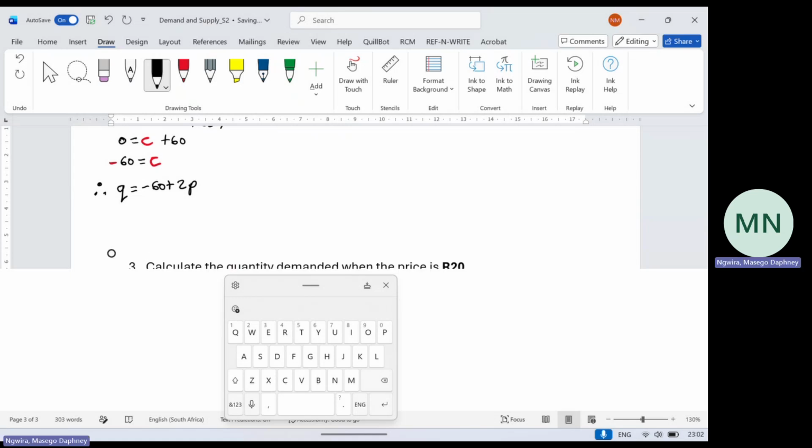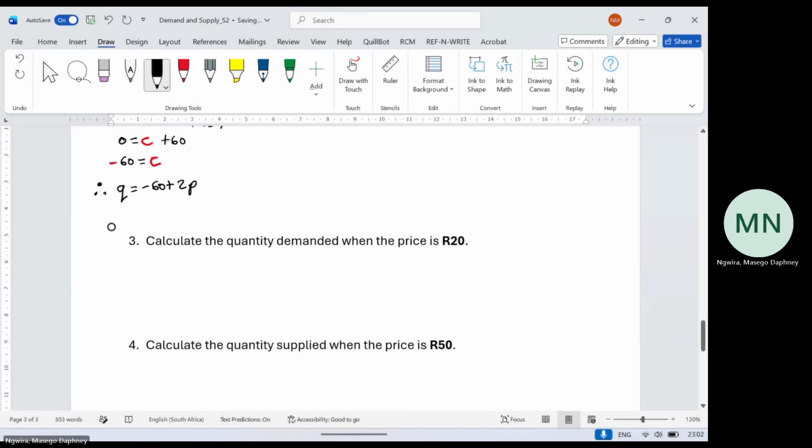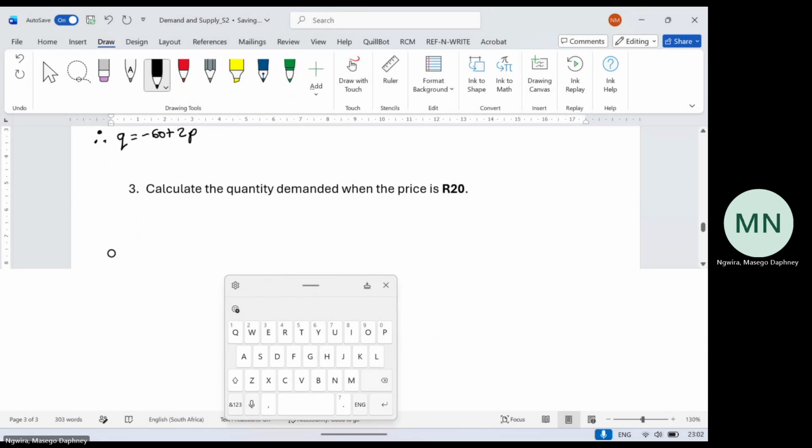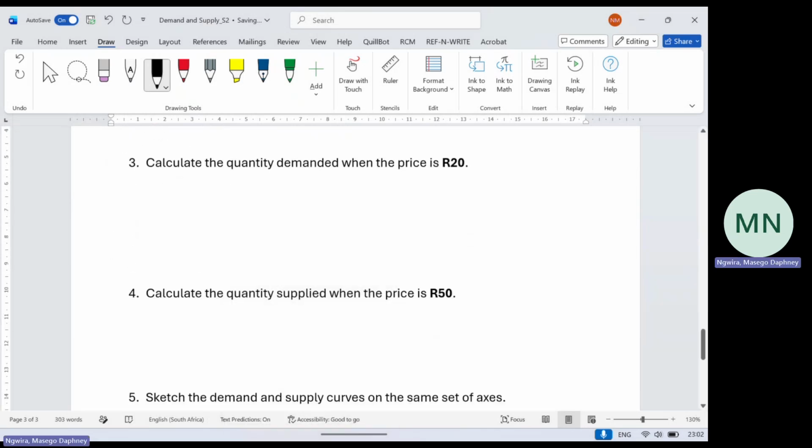Number 3 says, calculate the quantity demanded when the price is 20. All right, so now we need to calculate the quantity demanded when the price is 20.